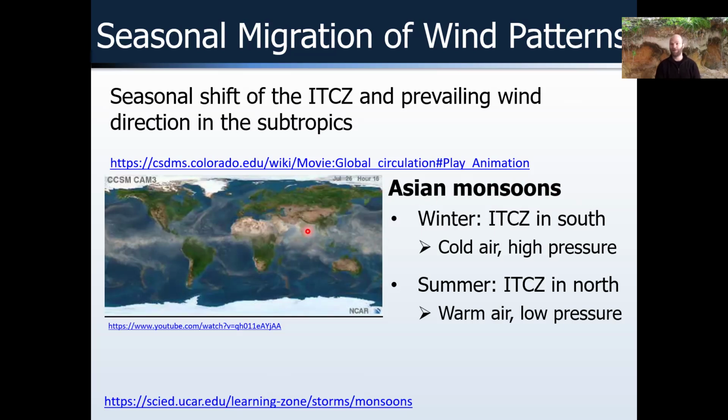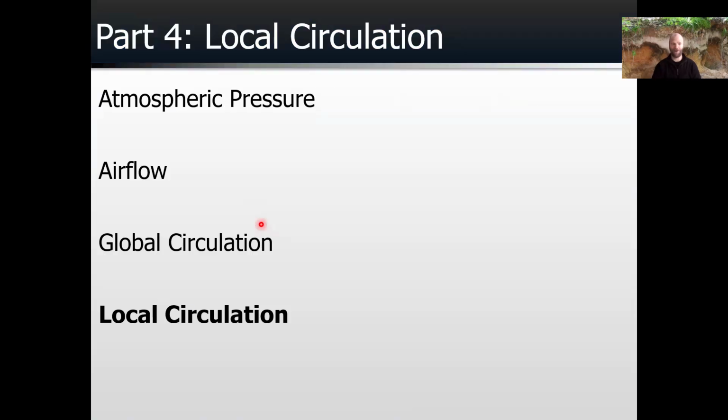So Asian monsoons, or just monsoons in general, are that migrating of the ITCZ. When you're under the ITCZ, you experience tremendous amounts of rain because of all that convective uplift. And then as it migrates away from you and you're being affected by that subtropical high pressure system, it is sunny, warm, and dry.